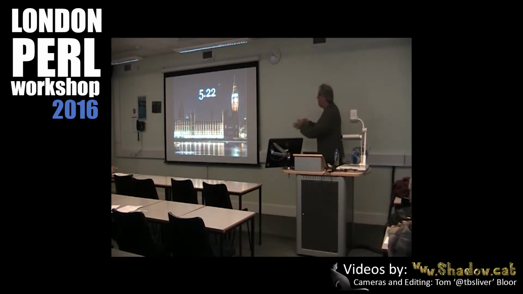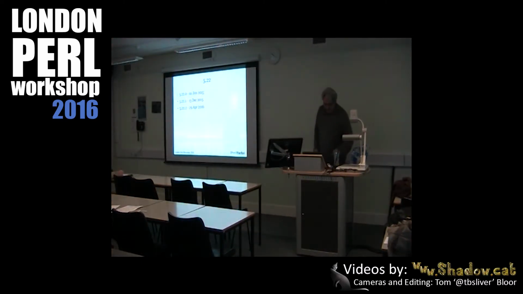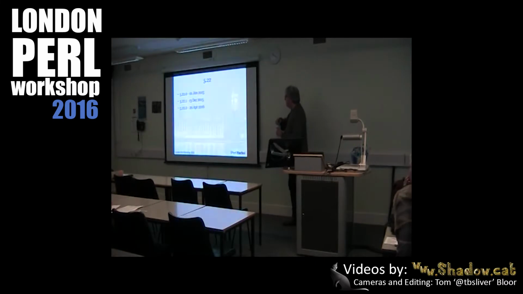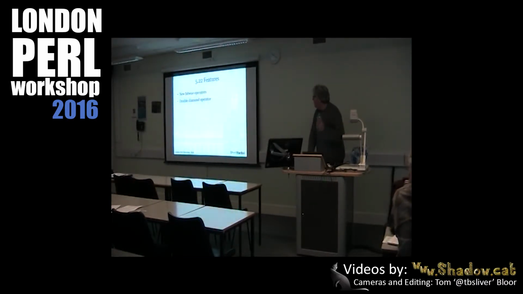Okay. Yeah, so the important thing with 5.22 is we're now in the realm of a supported version of Perl. Last June, I said they come out in April and May, that one's just slipped to the 1st of June. Current version 5.22.2. What we're going to look at: bitwise operators, double diamond operators.